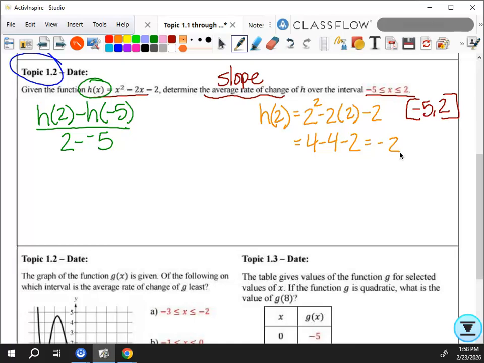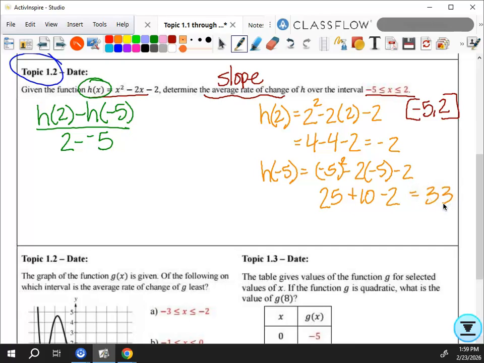Then I got to find h of negative 5. And that is negative 5 squared minus 2 times negative 5 minus 2. So that is 25 plus 10 minus 2, 33.